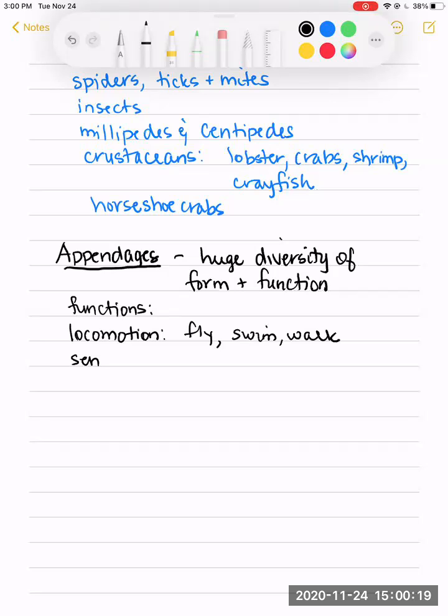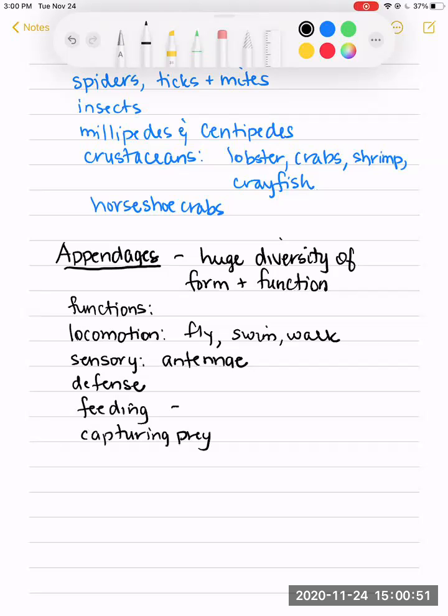Sensory, especially the antennae. And some groups of arthropods have multiple antennae. Defense. If you have ever tried to pick up a lobster, you know about the defensive structures that are appendages. Feeding. Capturing prey. Let me go back to feeding for a second.